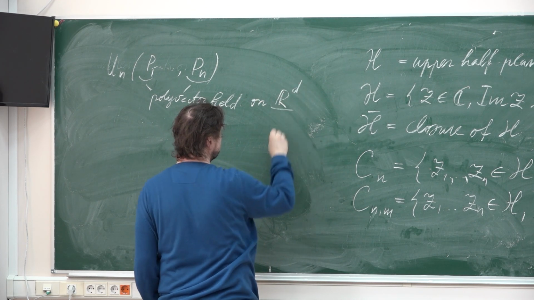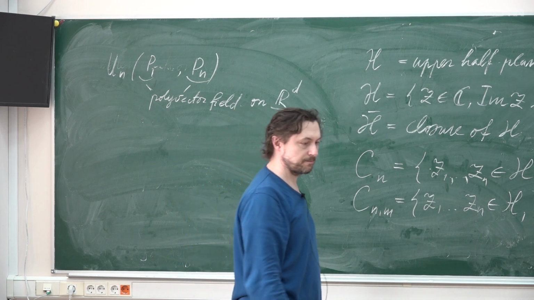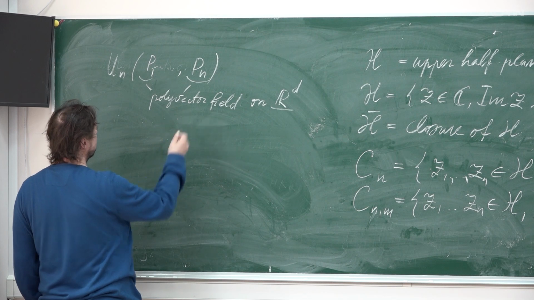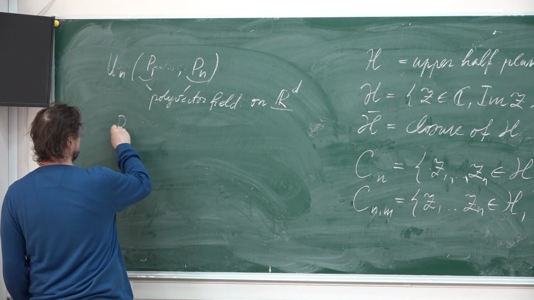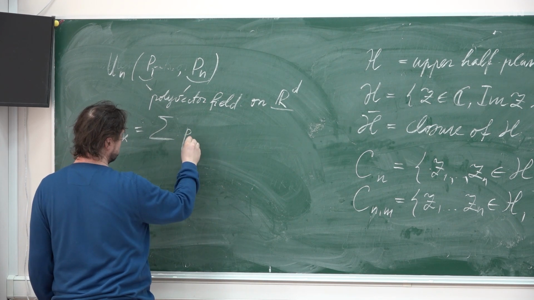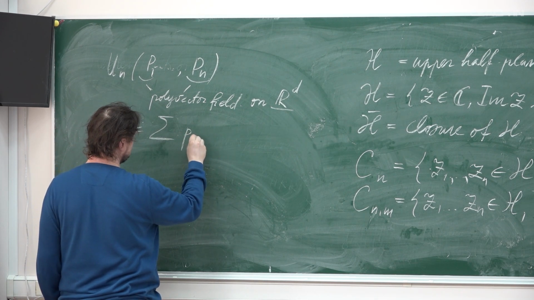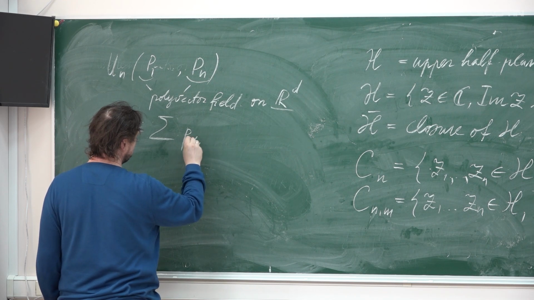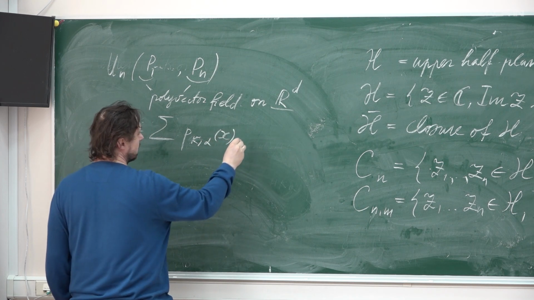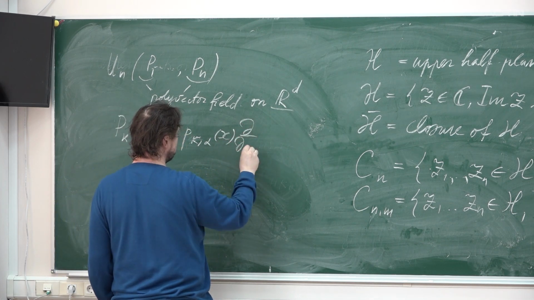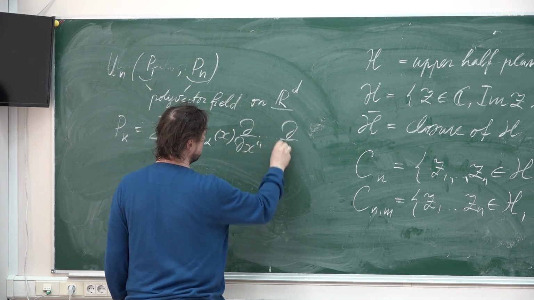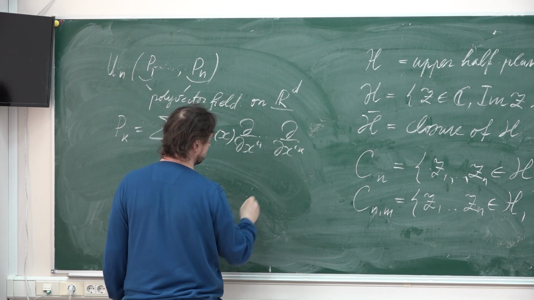On D, on some Euclidean space, right? So in local coordinates, or in fact in global coordinates, pk will look like a sum of some coefficients, functional coefficients, p alpha, pk alpha of x, d over dx i1, d over dx ik.